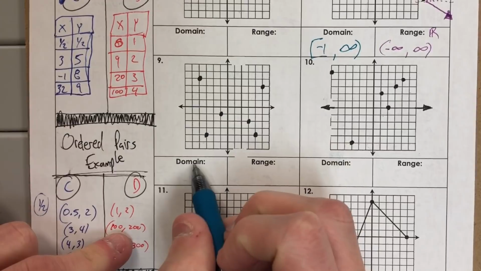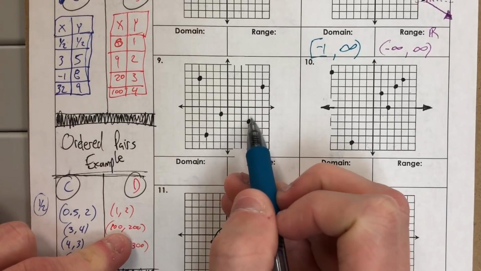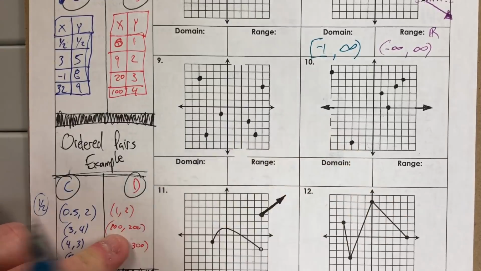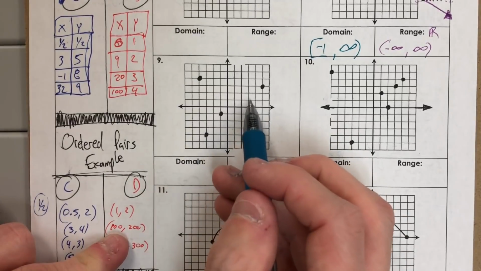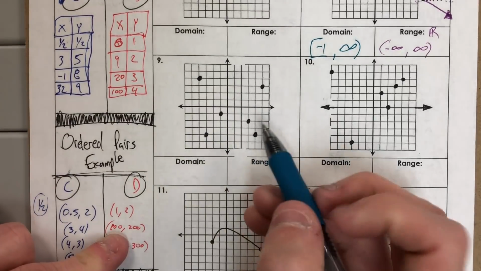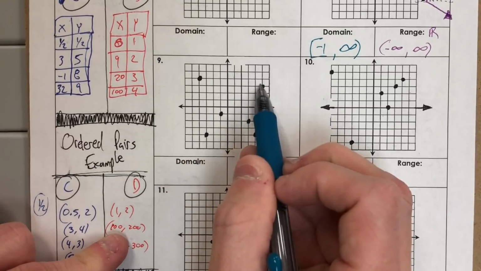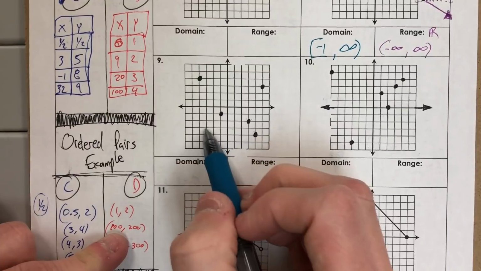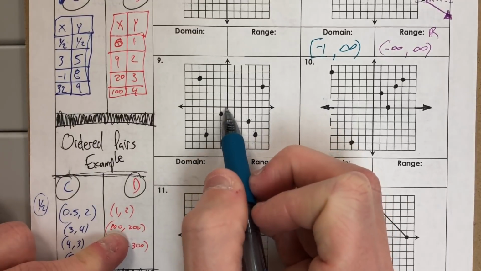How do you write your domain for this? First of all, is this discrete or continuous? That's going to be discrete, all right? So it's discrete because none of these are a fraction. And if you need to kind of write that out, you could.